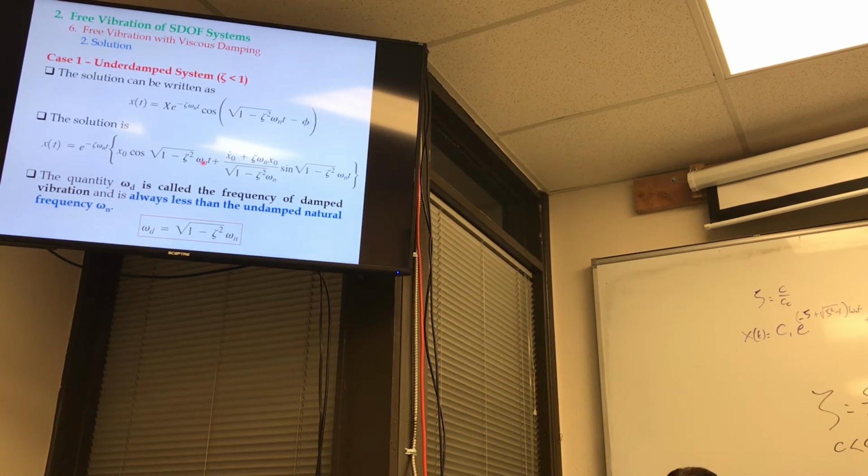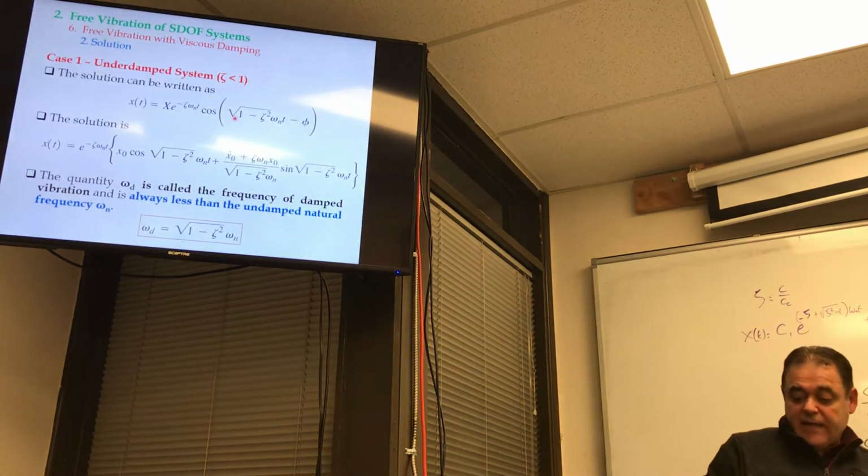It's whatever is multiplying t, right? What is multiplying t? It's the square root of 1 minus zeta squared times omega n. So this is the frequency of the damped vibration. Because it just happens to be that way in the solutions. The square root of 1 minus this, it all comes out through here. I mean, we're not inventing anything.